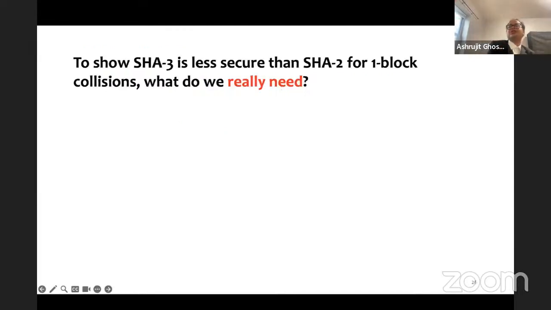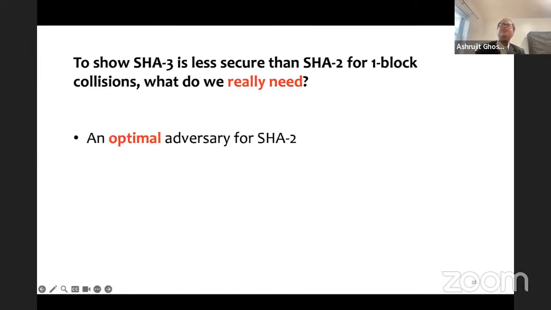So in order to show that SHA-3 is indeed less secure than SHA-2 for one block collisions, what do we really need to do? We need to first understand what is the best we can do for SHA-2, that is, find an optimal adversary that finds one block collisions in SHA-2. A prior work by Dodis, Guo, and Katz does that already.